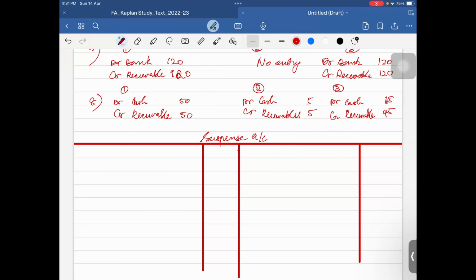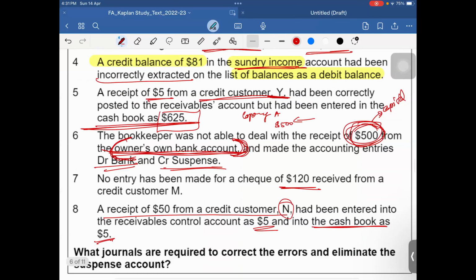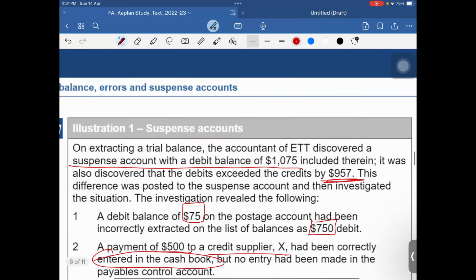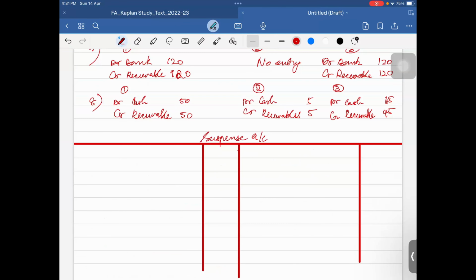You're going to take the balance brought forward. They have given you here, right? It's a debit balance, right? So balance brought forward is how much? 1075, right? Okay. This much is clear.